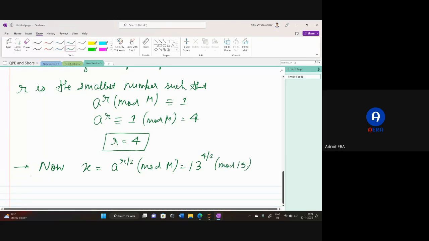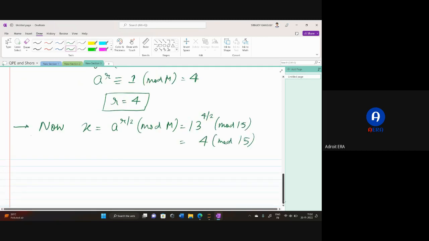And once you calculate that, you will get 4 mod 15, right? Now remember, we calculated x plus 1 and x minus 1. Here we have taken x to be equal to r.